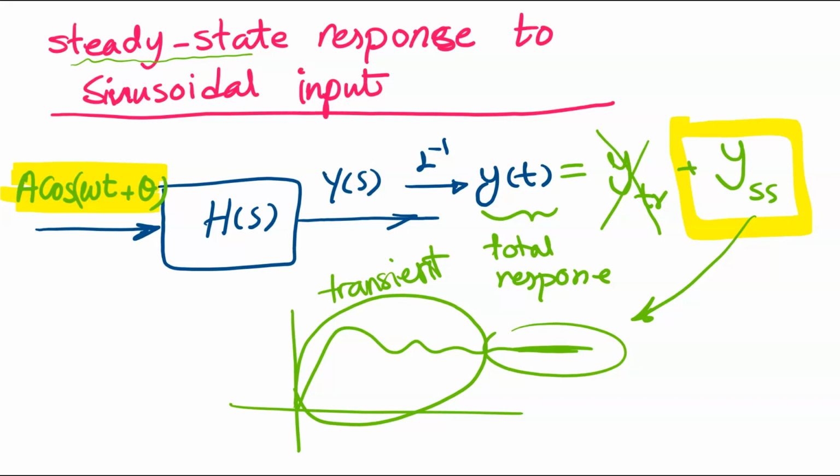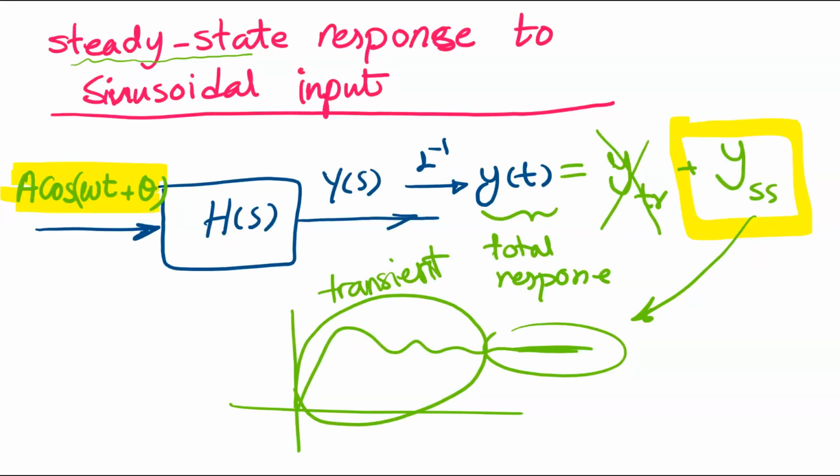Okay, let's see what the possible approaches are for solving this scenario. The first one is very simple. We can find the total response. We can go through the general rules and find the complete response, and then throw away the natural response or the transient response.